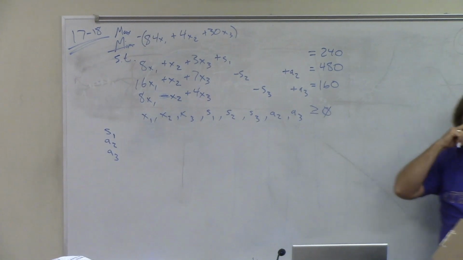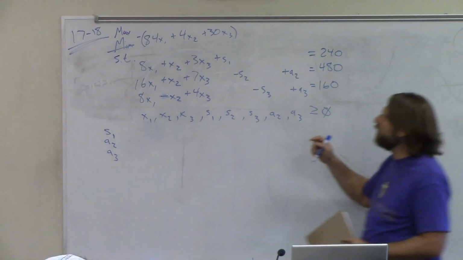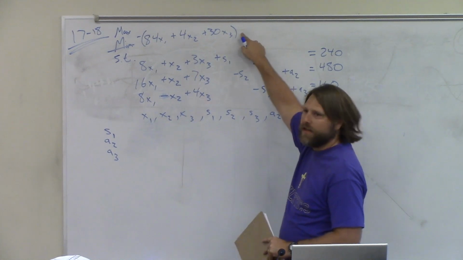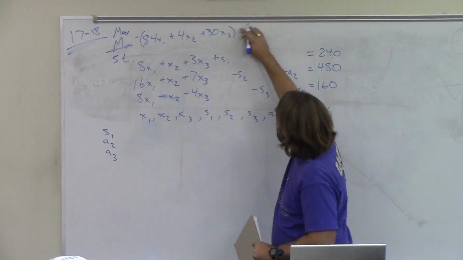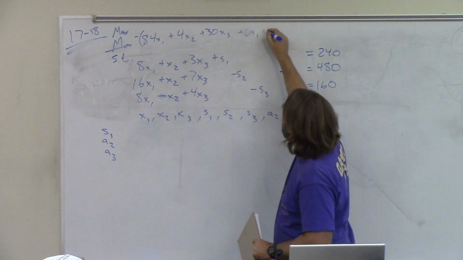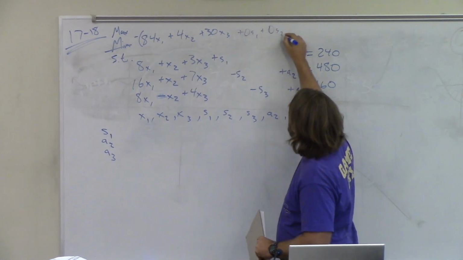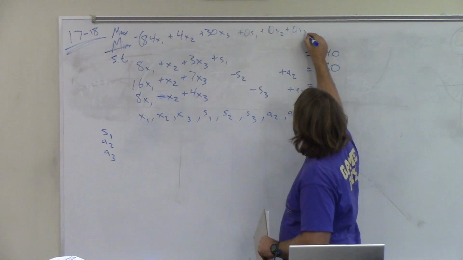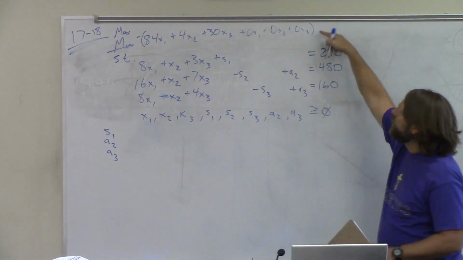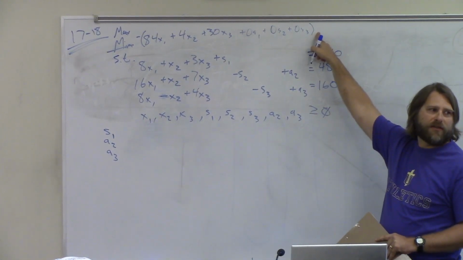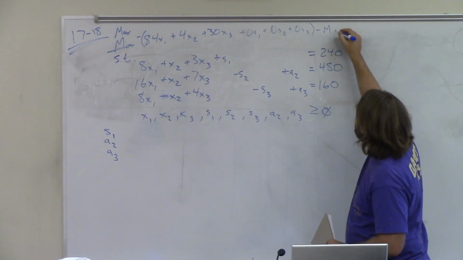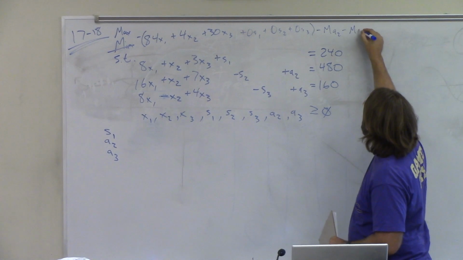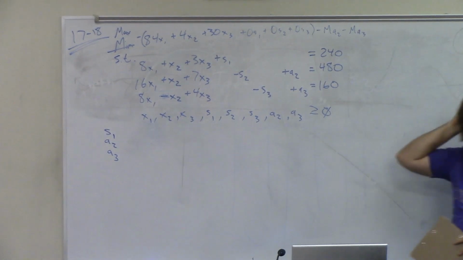160. Now, I think a lot of you said 0 because you were thinking of this objective function, right? This objective function has 0 S1, 0 S2, 0 S3. And notice I close this off before I switch to the maximization problem. Minus MA2 minus MA3 here.